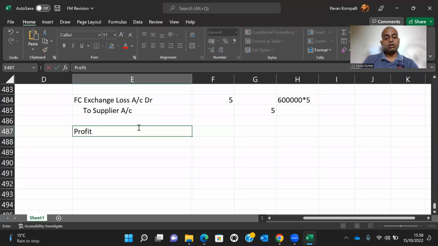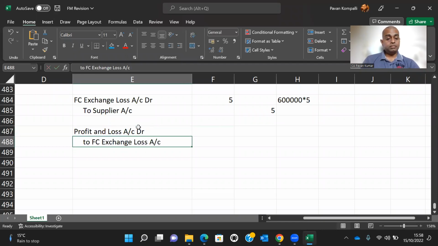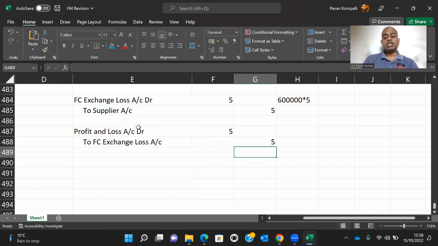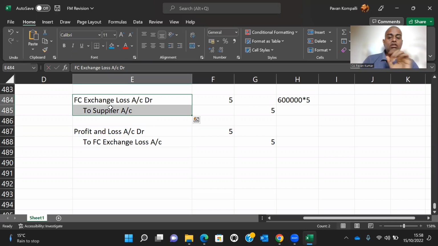So you can write profit and loss account debit to foreign currency exchange loss account. Correct? So instead of writing these two journal entries, some lecturers, what they say, here itself they'll say P&L account debit to supplier account.